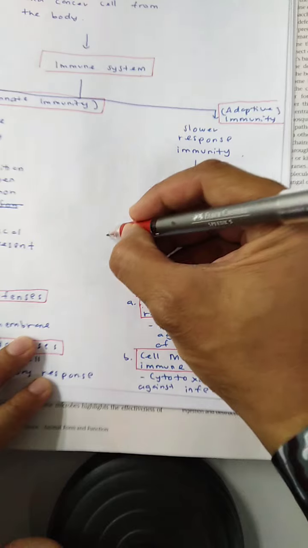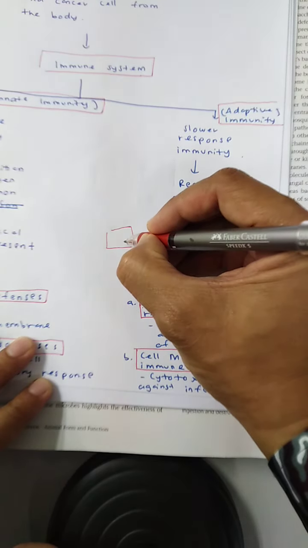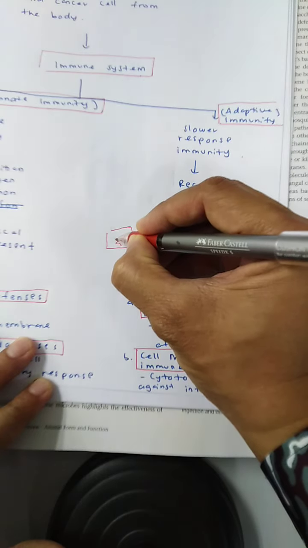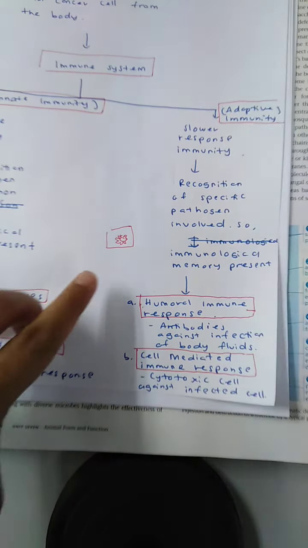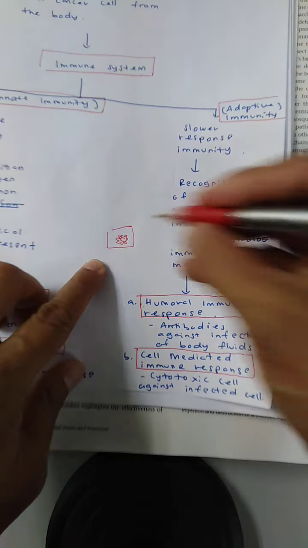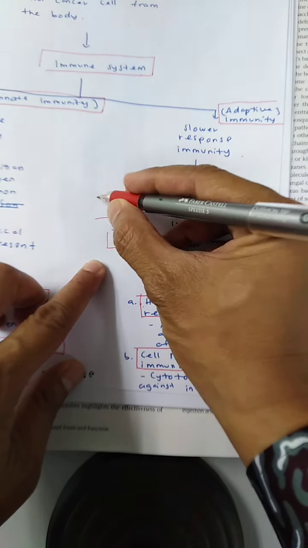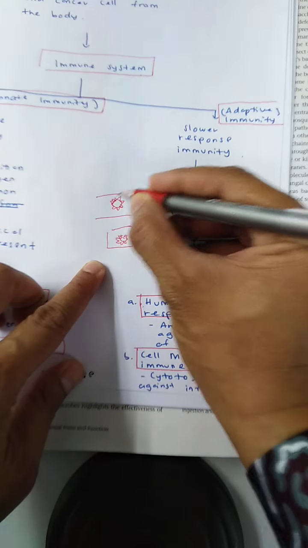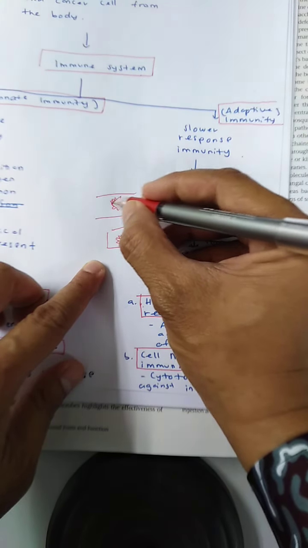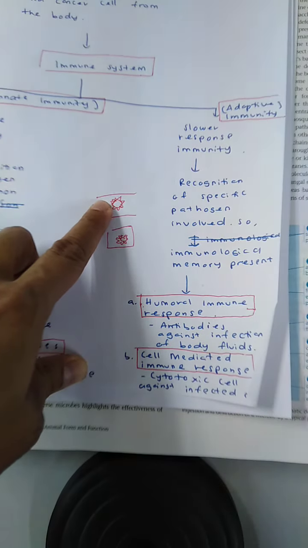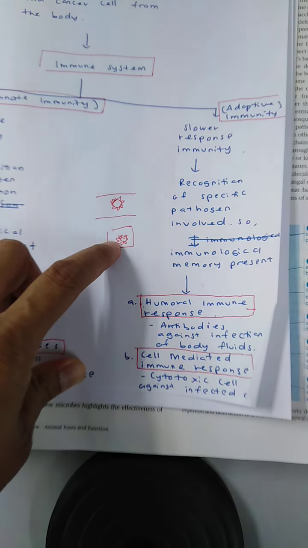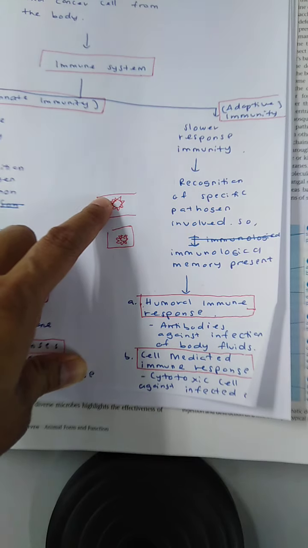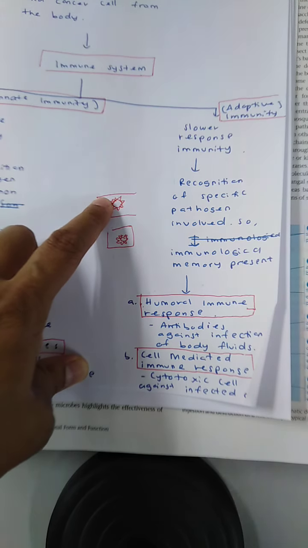So kalau kamu discuss mana-mana infection yang berlaku dalam sel ya, ini melibatkan cell-mediated immune response. Tapi sekiranya kamu bincangkan any infection yang berlaku dalam blood vessel ataupun any body fluid, ini melibatkan humoral immune response. So dalam sel, cell-mediated immune response. Kalau melibatkan body fluid, melibatkan humoral immune response.